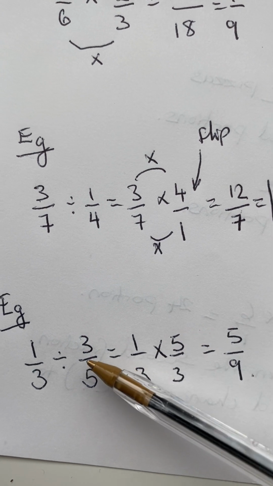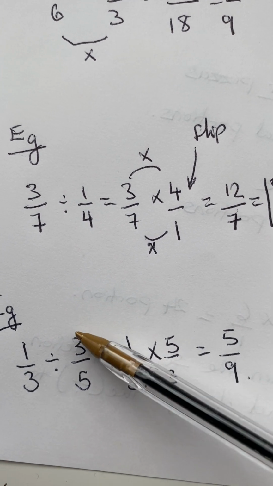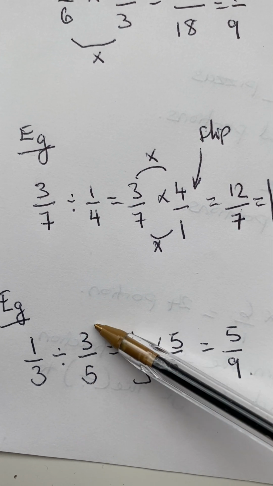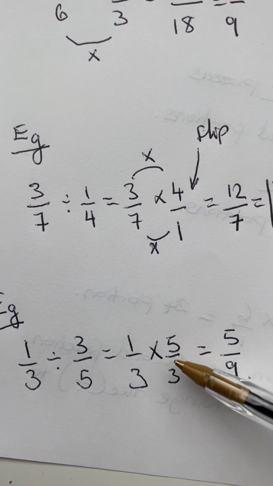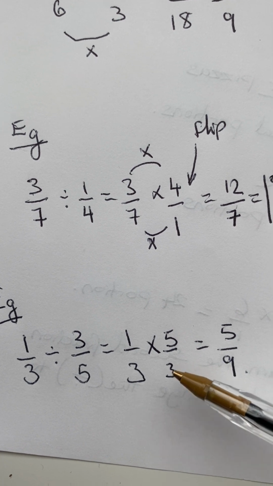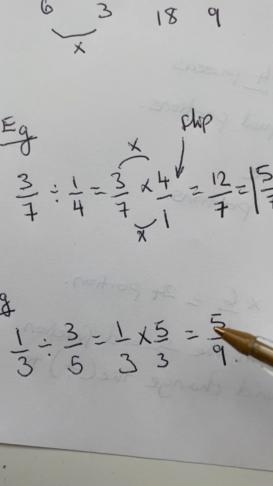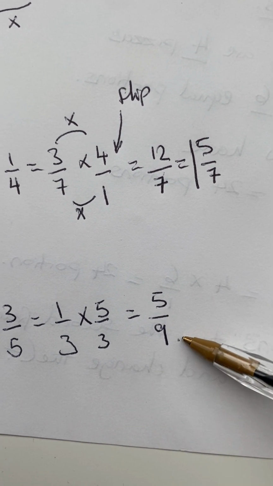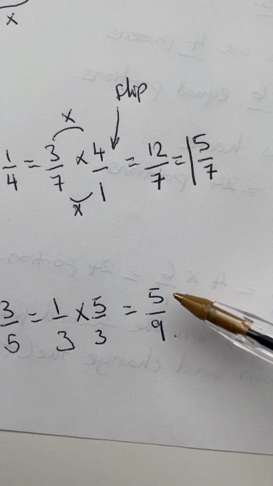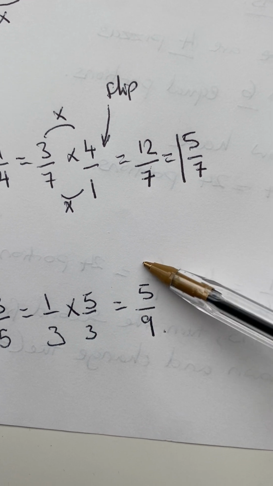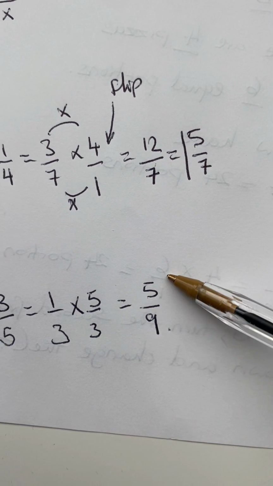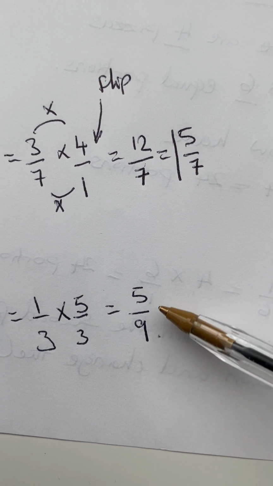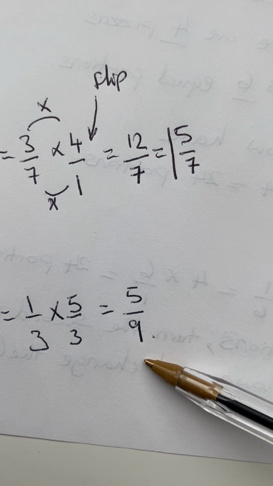And then, immediately we do that, we need to flip the second fraction. So 3 over 5 becomes 5 over 3. So 1 times 5 equals 5. 3 times 3 equals 9. So our answer is 5 over 9. And we can't reduce it any further. So this is the simplest form.